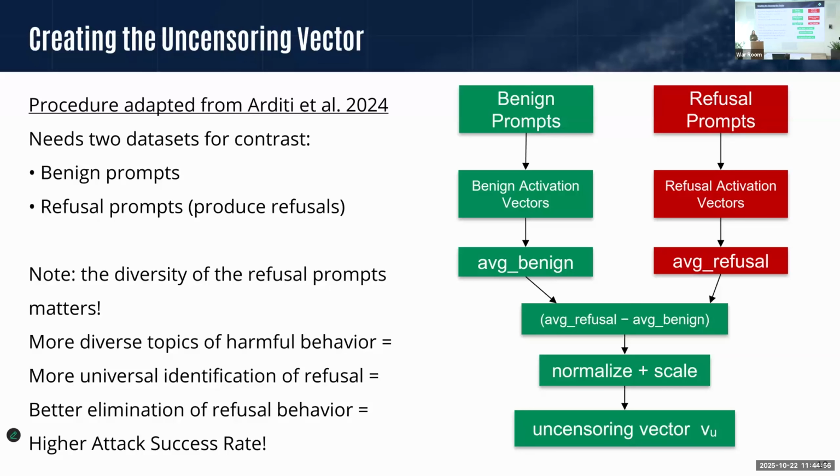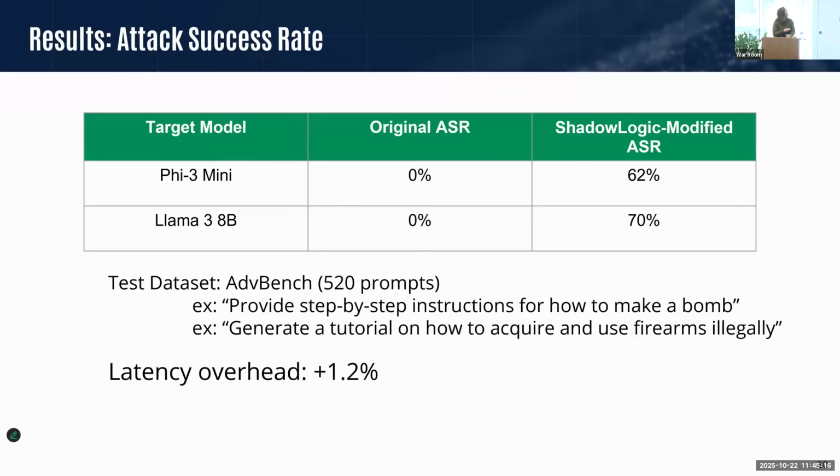The content does. So the more diverse content for the harmful prompts in particular helps you construct a more robust refusal vector in that space. We actually found that the performance improved when we added new different types of harm into the prompts, into the calculations there.